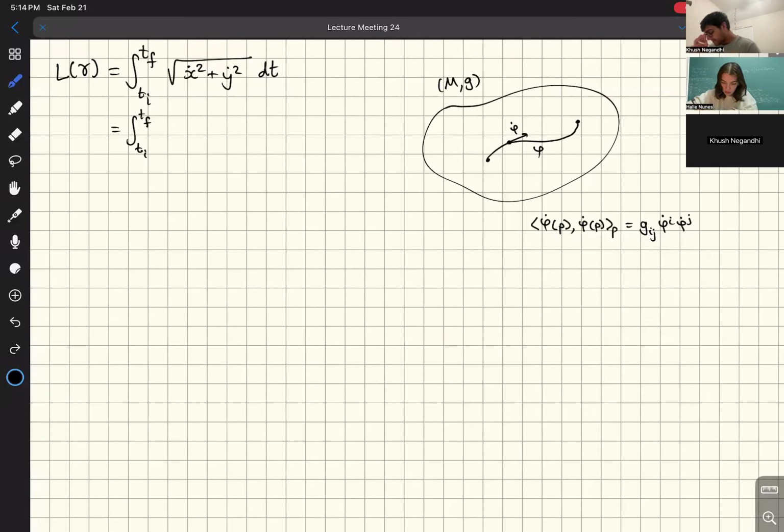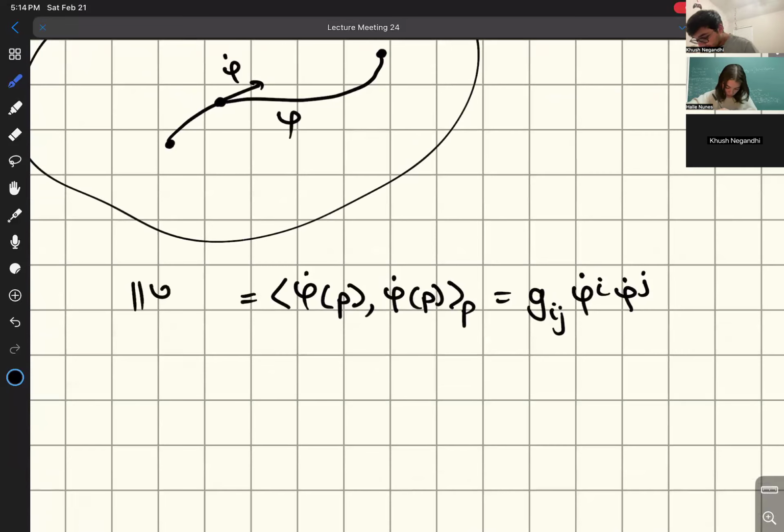Now, if we come back to this, the infinitesimal, this is like the distance squared. And now the length of my curve is simply the integral over time of the speed of my curve.